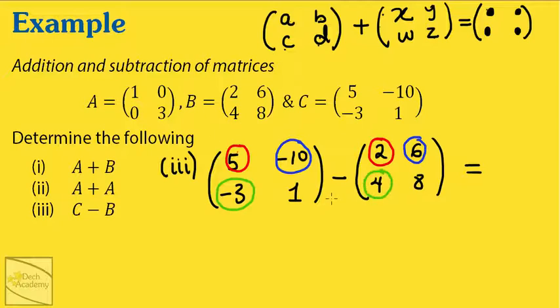The matrices we're dealing with are both 2 by 2, and because it's a subtraction operation, the resulting matrix is going to be a 2 by 2 matrix.